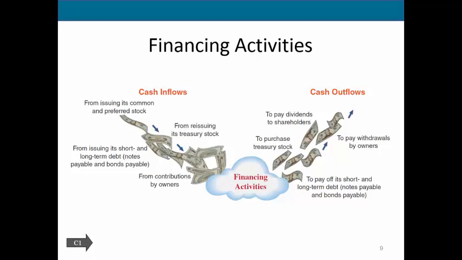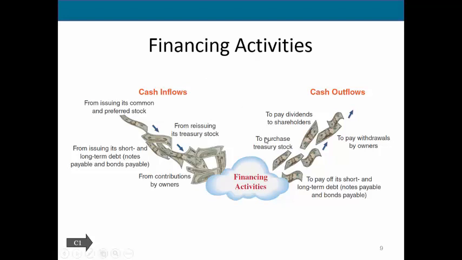So that's going to be a cash flow related to stock activities. So again, anything related with stock, contributed capital, or taking in a loan are financing activities. We are financing our business.